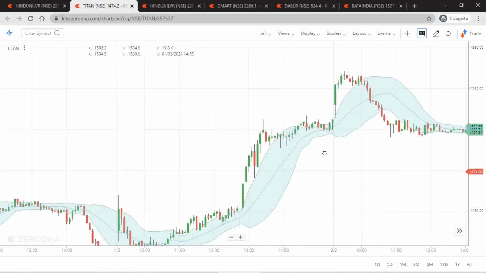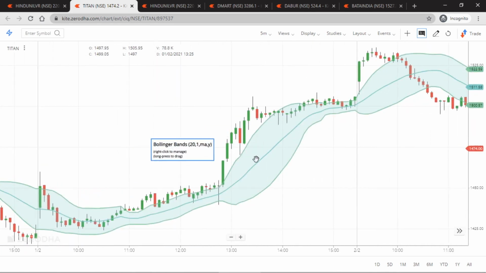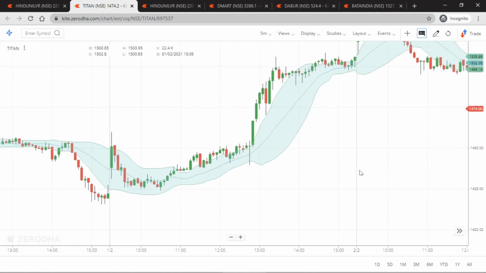So this is a Bollinger Band, and this is the center line, the upper standard deviation, and this is the lower standard deviation.